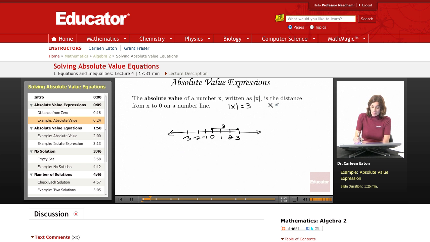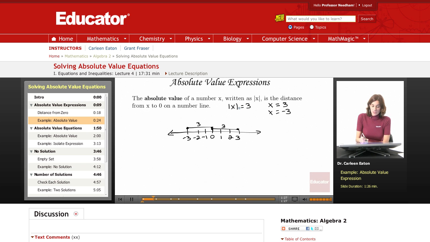Therefore, x could equal 3, because 3 is 3 away from 0 on the number line. However, consider this. Negative 3 is also 3 units away from 0 on the number line. So x could also equal negative 3.